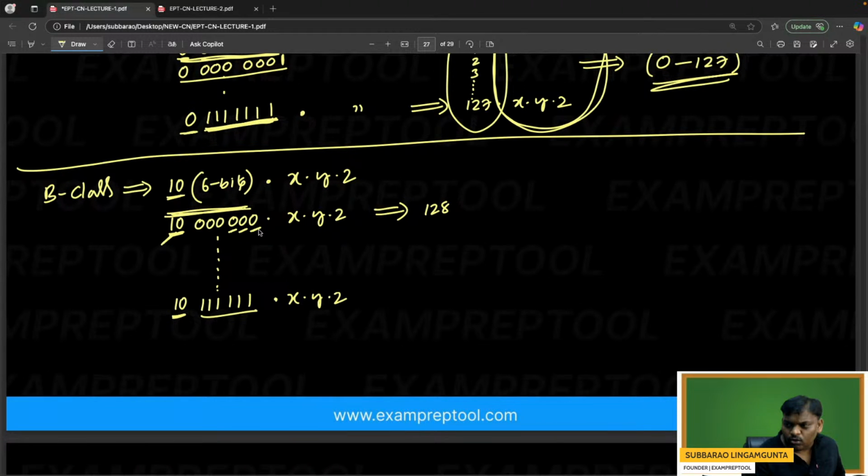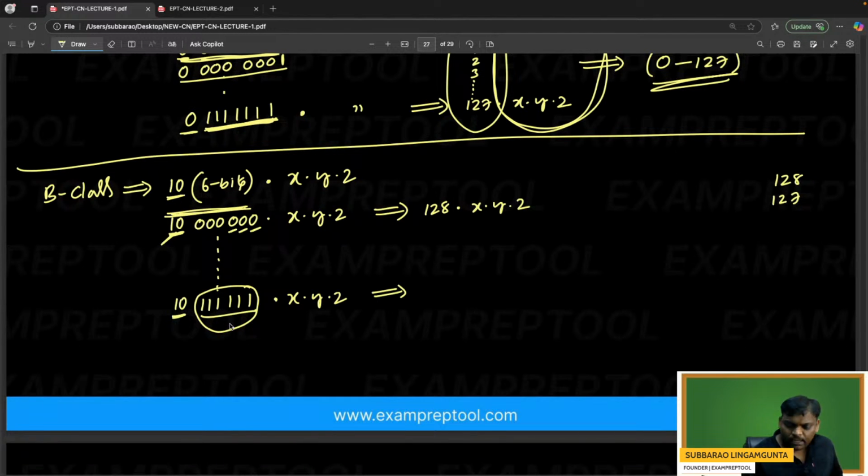The lower bits are all 0, so 0 only. The last one is 1 into 2 power 7, which is 128, followed by X.Y.Z. But for the last one, this is already 128, and this is 127. 128 plus 127, please check.